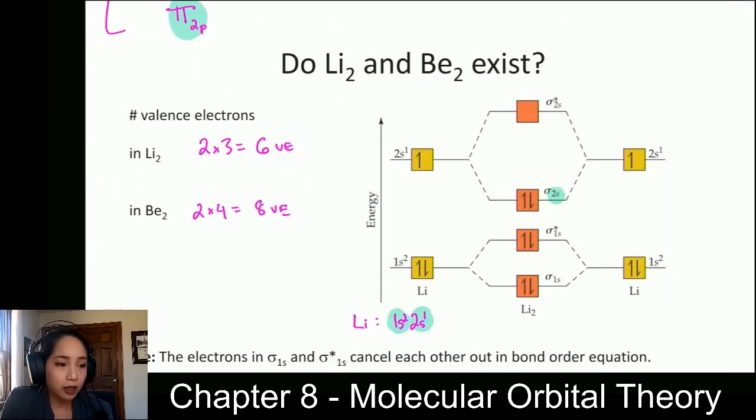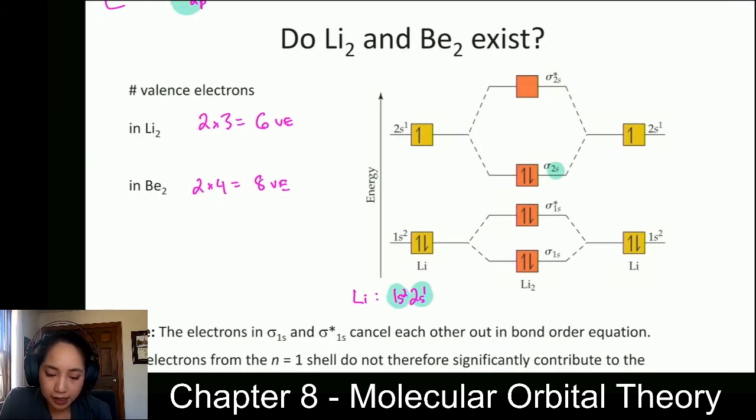And so now for lithium, let's place those 6 valence electrons. In the atomic orbitals, you can count here, there's 6 that we need to place. So fill bottom to top: 1, 2, 3, 4, 5, 6.